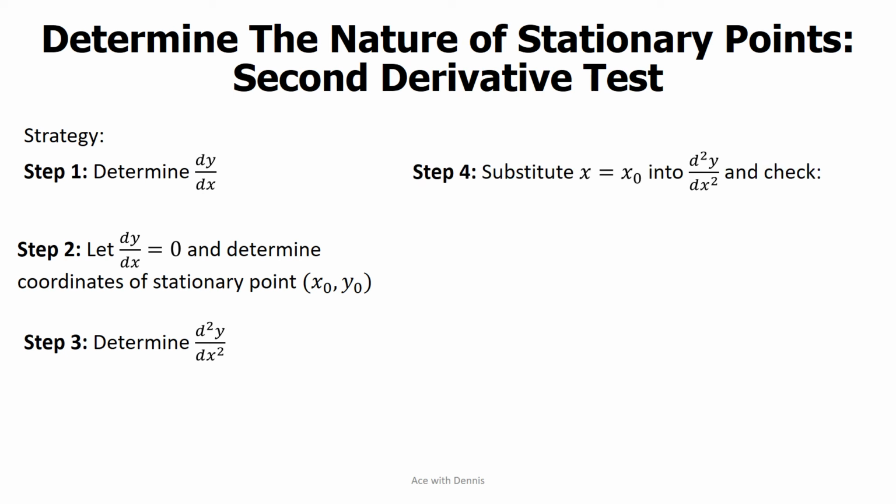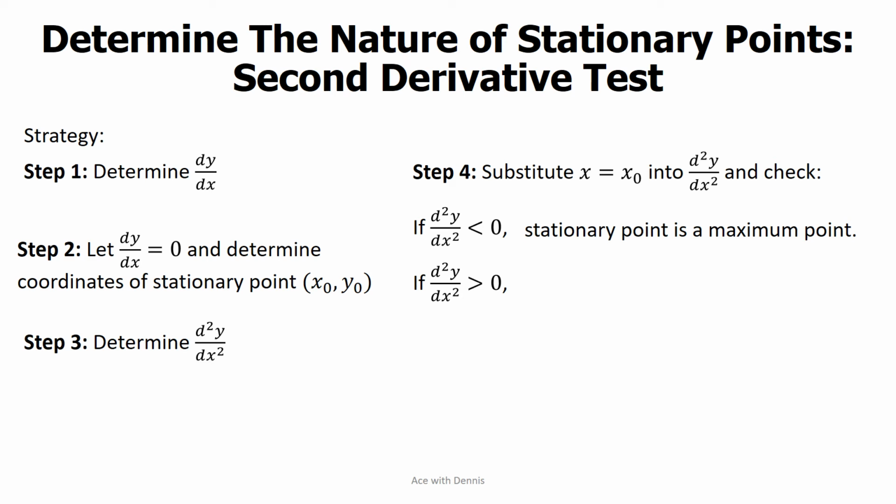Step 4. Substitute x equal to x0 into d squared y over dx squared and check. If d squared y over dx squared is less than 0, the stationary point is a maximum point. If d squared y over dx squared is greater than 0, then the stationary point is a minimum point.